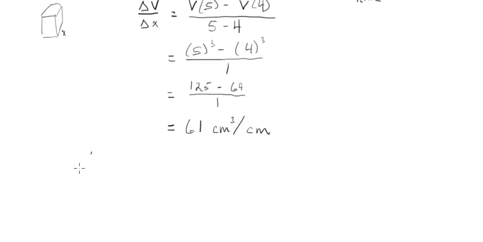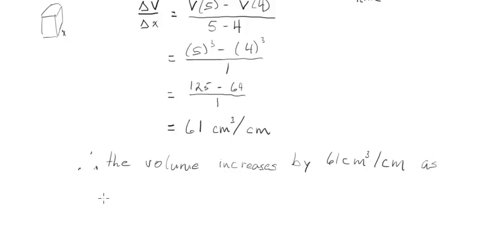So therefore, the volume increases by 61 centimeters cubed per centimeter as the side length increases from 4 to 5 centimeters.